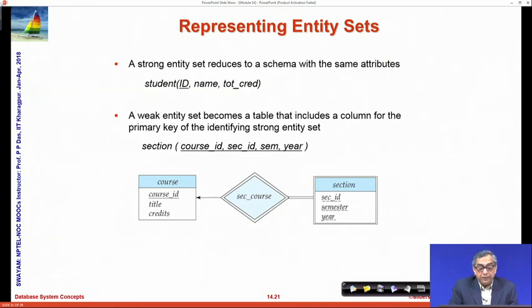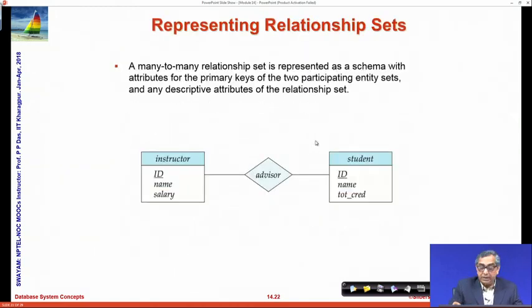The other case is the weak entity set section, which had the 3 discriminators and through the sec course relationship was identified from the strong entity set course. It borrows the primary key of the course to be defined in this relational schema.